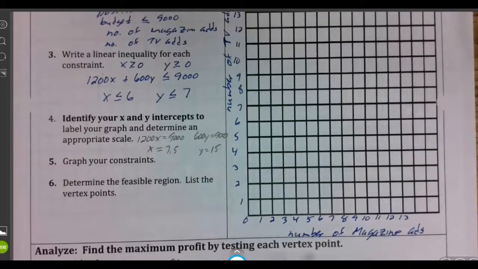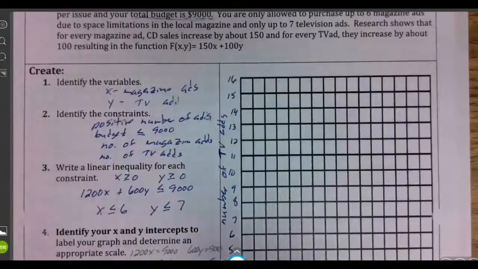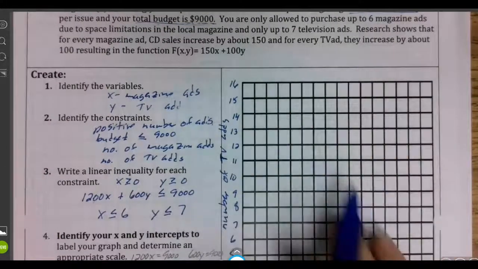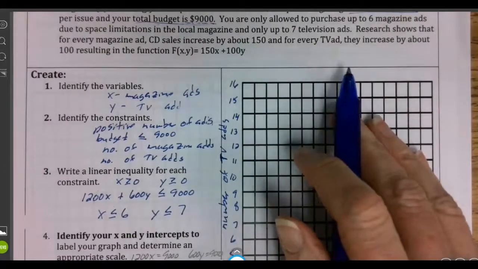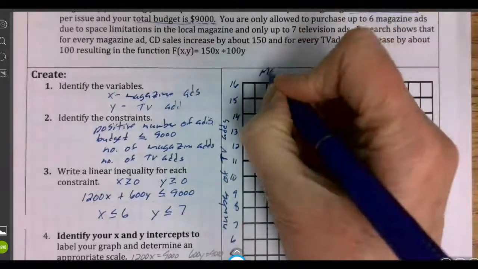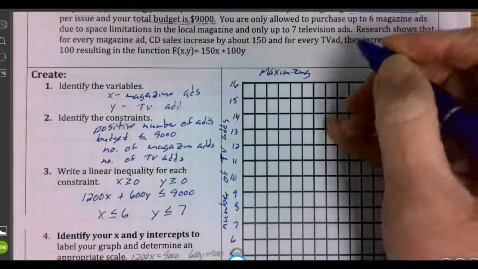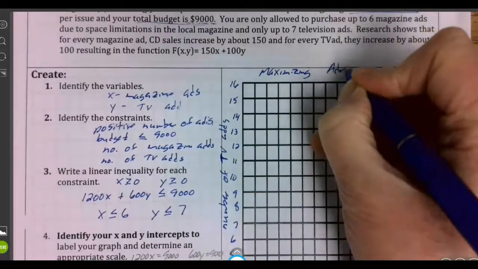Go. So we labeled our axes. We've numbered them. The one thing I forgot on the last one that I'm going to make sure I point out on this, and then I'll go back into the other one, is this. We always should title it, and we did not title it. This would be maximizing advertising results.